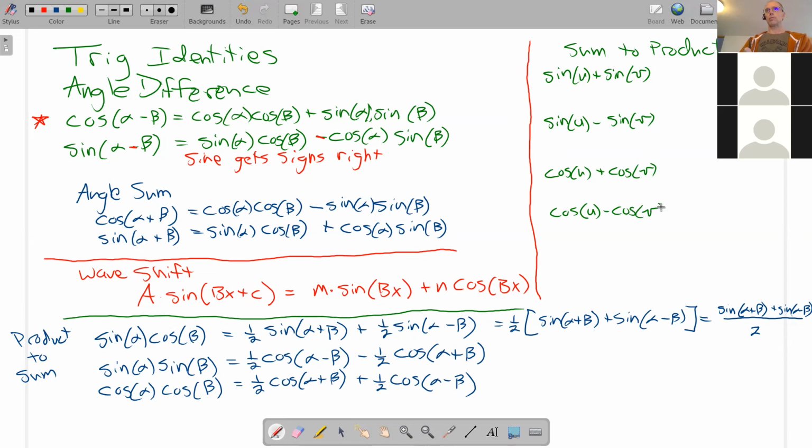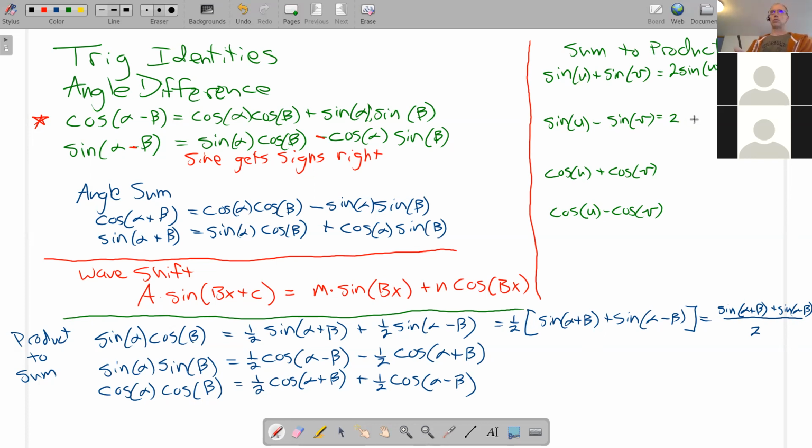So there are 4 possibilities there. And then the formulas are twice, and this is going to turn into a product, sine of u plus v over 2 times the cosine of u plus v over 2. And I don't expect you to memorize all of these, but I do expect you to look at a situation and then match the situation with one of these, which is what we're going to try and do today.